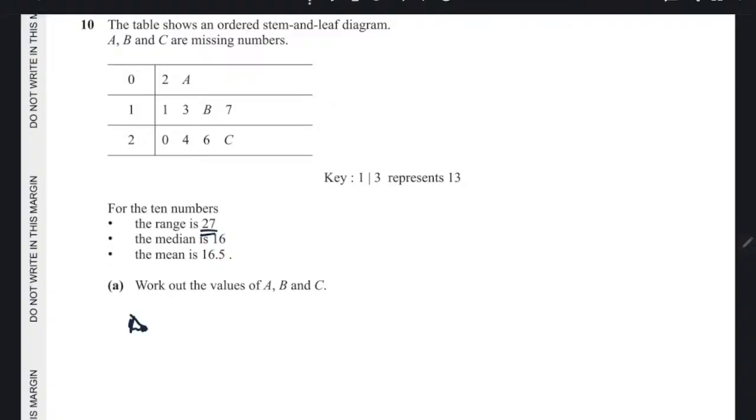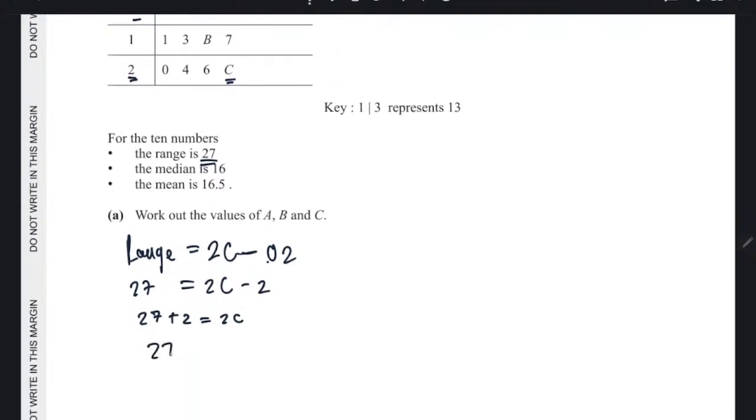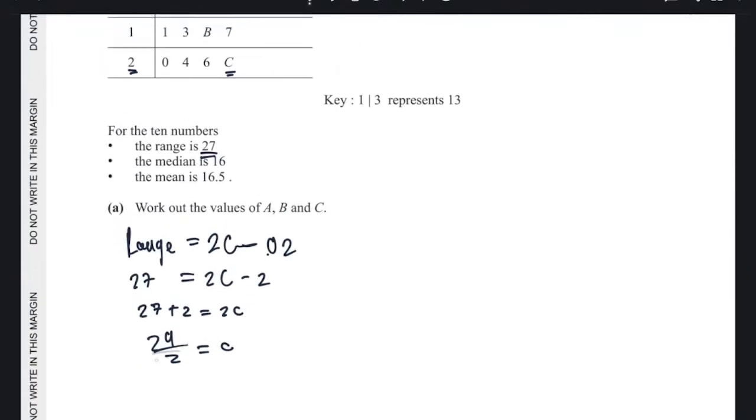The largest is 2c and the smallest is 0.2, and they've told you range is 27. So 27 is equal to 2c minus 2, which is 27 plus 2 is equal to 2c, which means 29 over 2 is equal to c. You can leave 14.5 if you want.